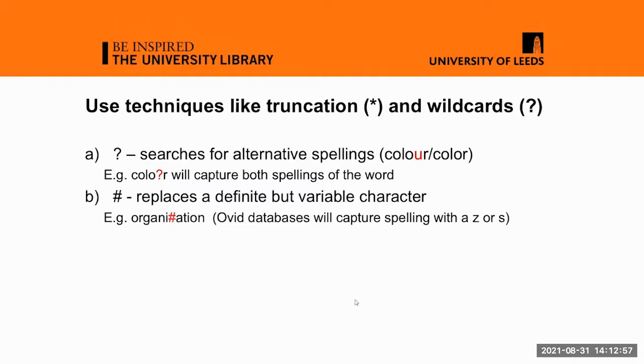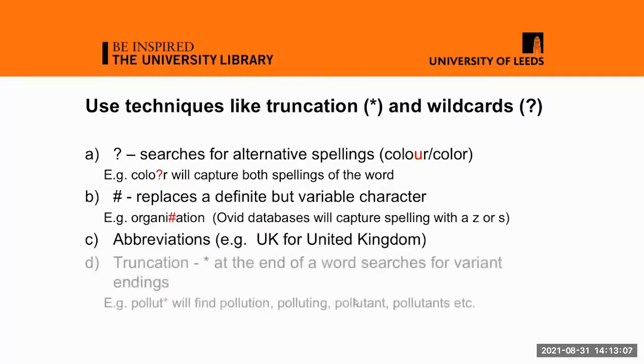Using it in the word organisation allows us to find it spelled with an S or a Z. Make sure you include abbreviations, for example, UK and United Kingdom. Using an asterisk in the place of the end of the word allows you to find all the different possible endings of that word. For example, if you type POLLUT asterisk, you will find pollution, polluting, pollutant, pollutants, and so on.